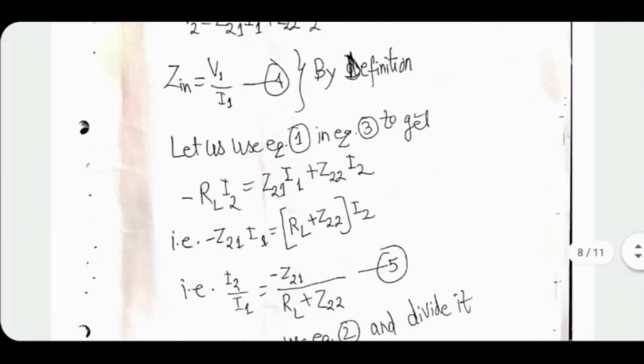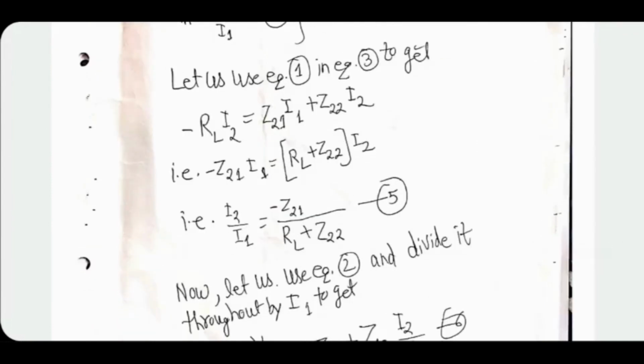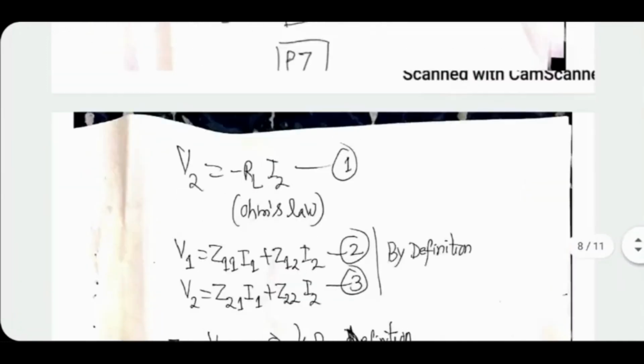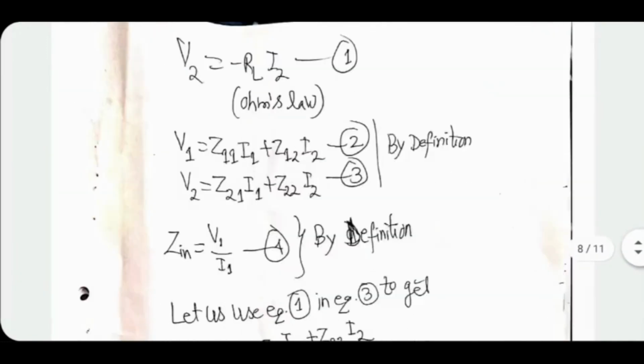And from there, I get the I2 upon I1 ratio. Please check my derivation. I think I've not made a mistake, but in case there is a mistake, we'll always update the document. So I do this I2 by I1 ratio, and then I use the equation for Zin, V1 upon I1, based on equation 2.